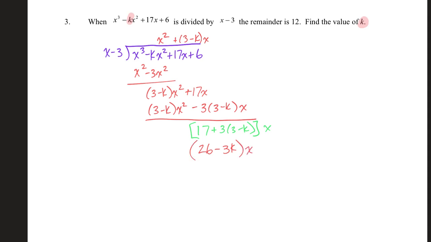And now I could go through the same thing: what would I multiply that by? Oh, bring down the plus 6, and then what would I multiply that by? A 26 minus 3k. I'm even just going to stop there because I'm hoping that you guys are looking at that screen and going, oh my goodness, this is getting ugly. But I just want you to picture the process.